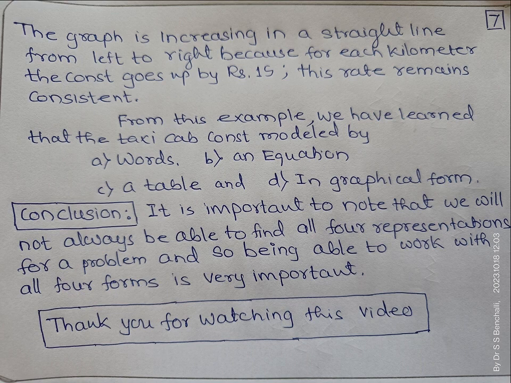And so, being able to work with all four forms is very important. It means you can take any real-world problem that can be represented either by words, by an equation, by a table, or in the form of a graph.